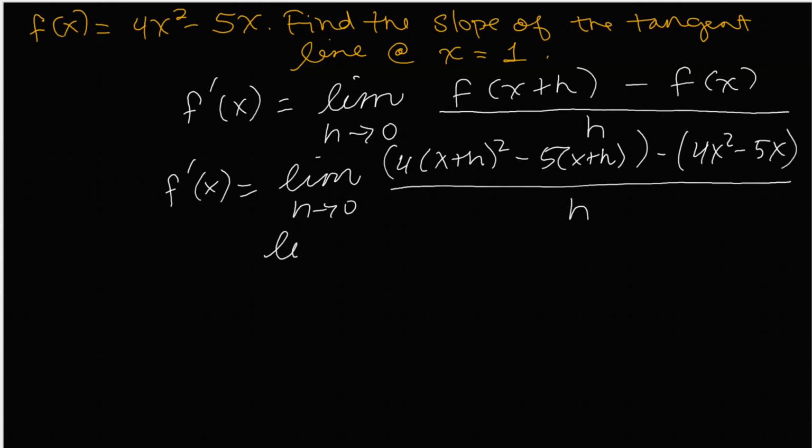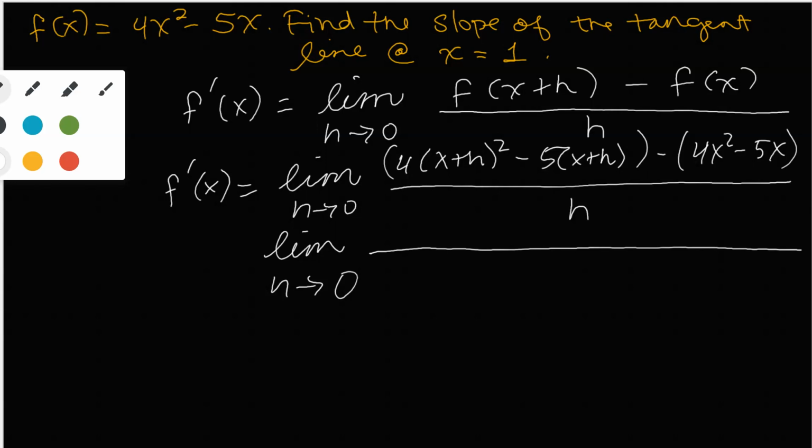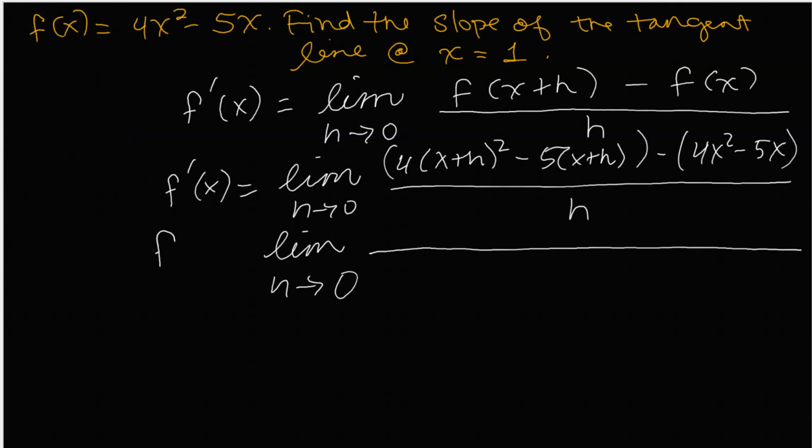I also noticed that some of you write an equal sign right here. There's no equal sign there. The equal sign is over here. It will say the derivative function is the limit as h goes to 0 of this expression here.